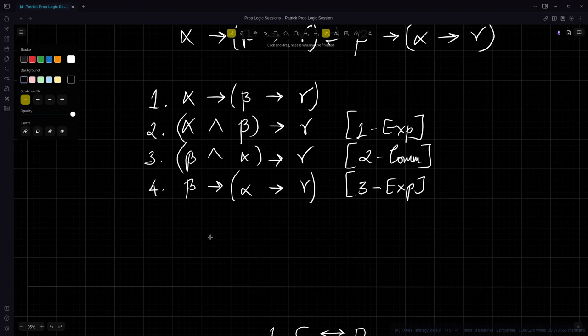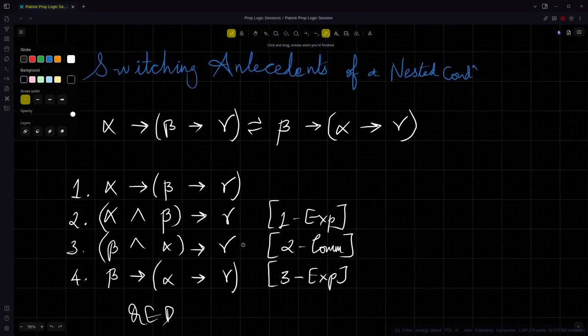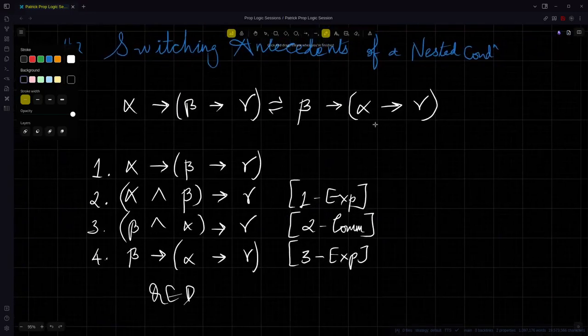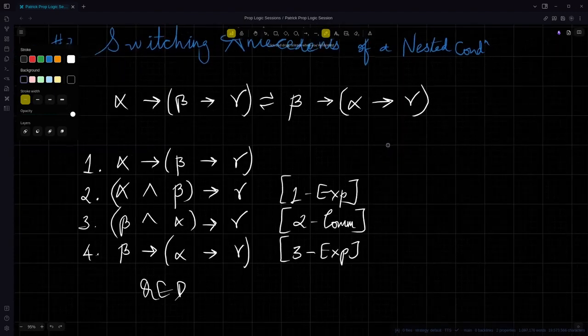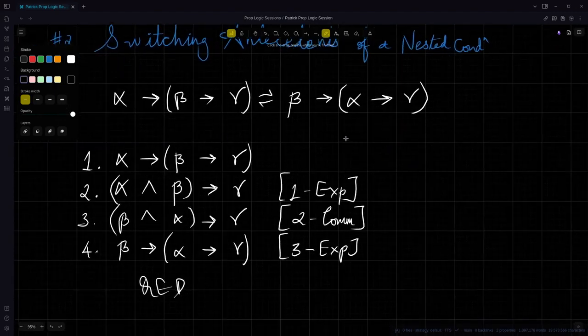Yeah. So that's QED. So you can switch the antecedents. So that's one trick.